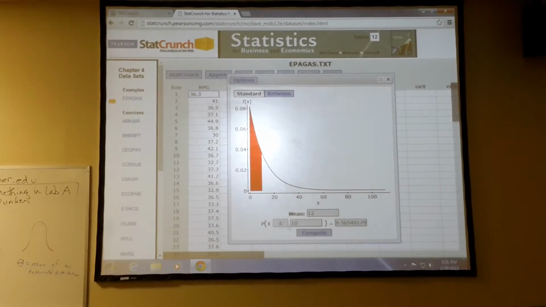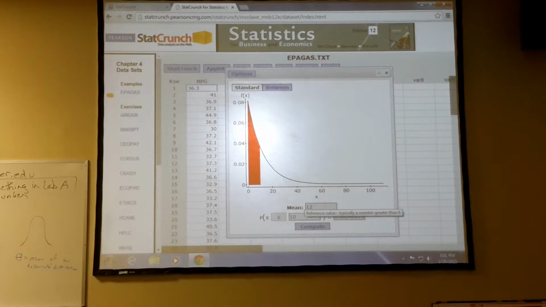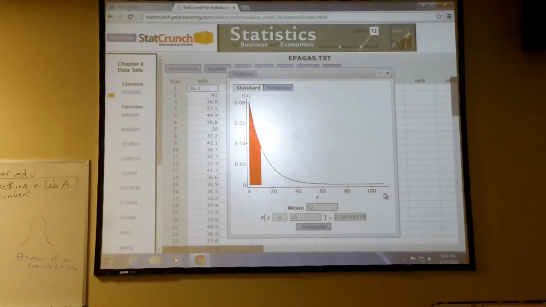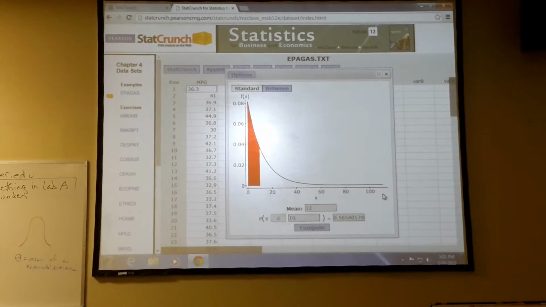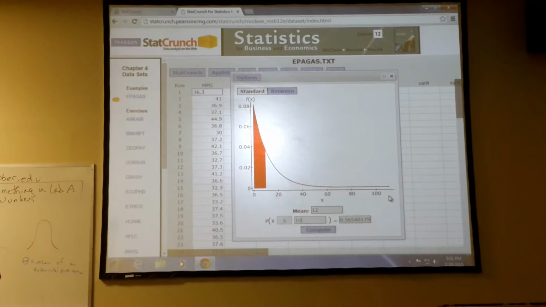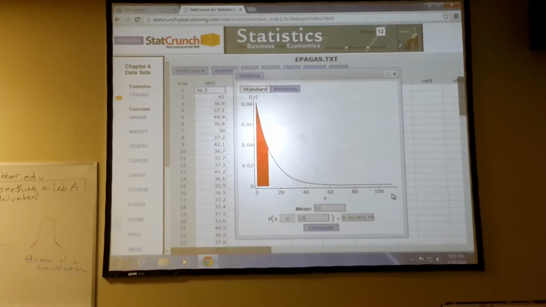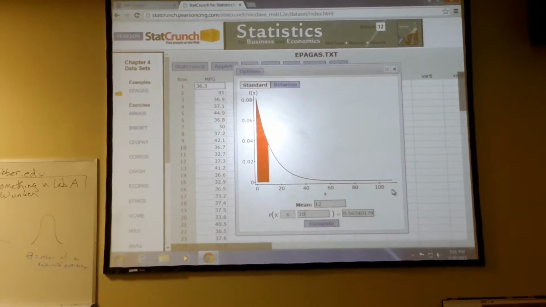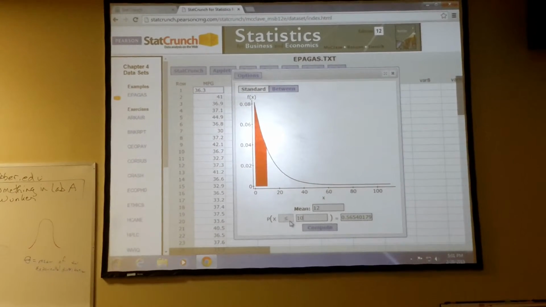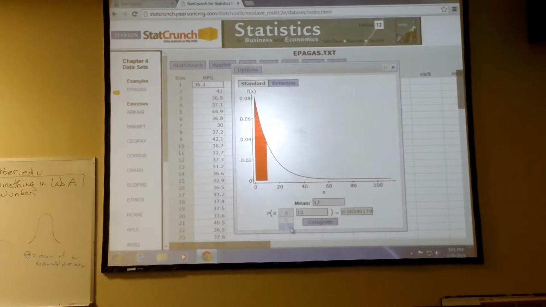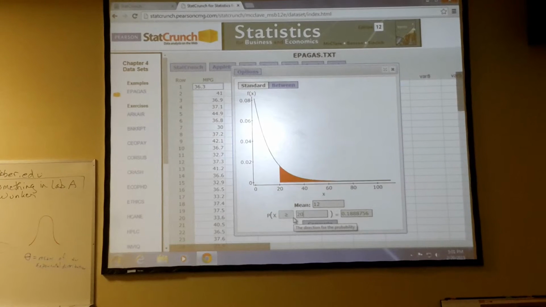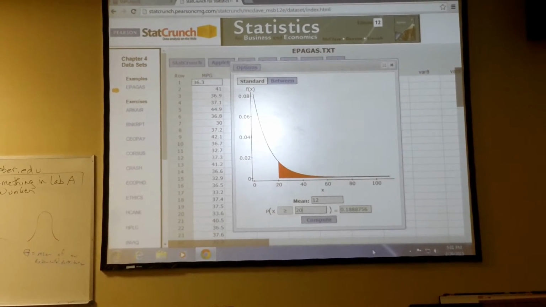Let's look at the probability that it will take us longer than 20 minutes to get through. Let's say we've got half an hour to make our flight, and we know that it's going to take 10 minutes from the point that we get through security till we get to our gate. We've got to get through security in 20 minutes or less. So what's the probability that we won't make it? What's the probability that it's going to take us more than 20 minutes to get through that checkpoint?